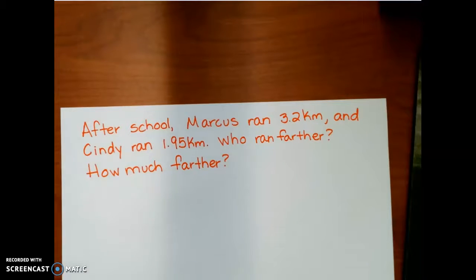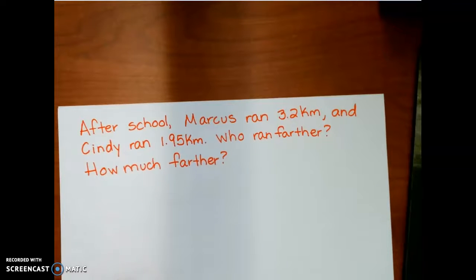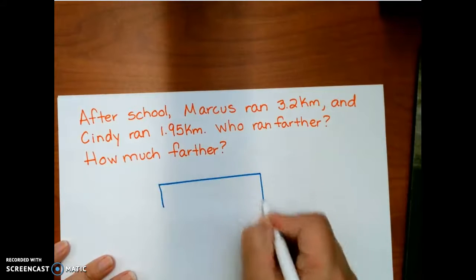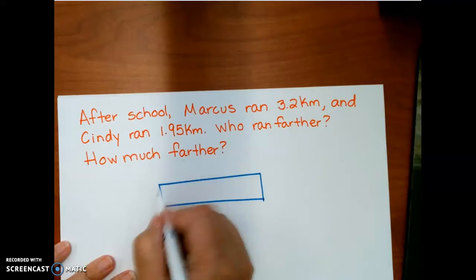Okay, here's our word problem. After school, Marcus ran 3 2/10 kilometers, and Cindy ran 1 95 hundredths kilometers. Who ran farther and how much farther? So I'm going to make a tape diagram. This is Cindy.